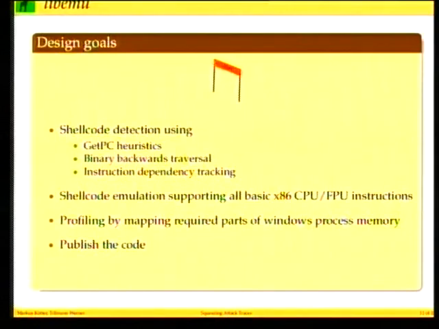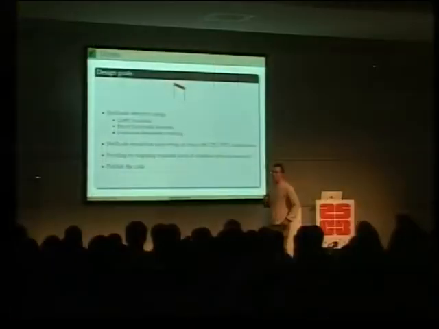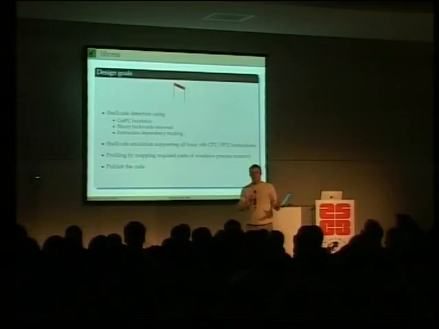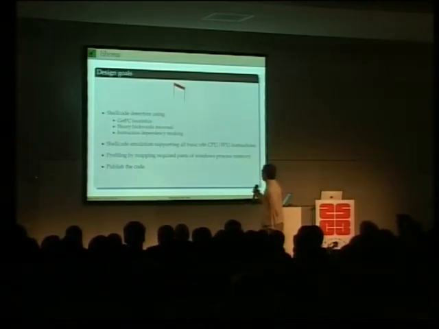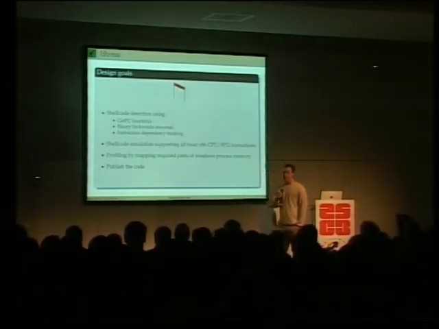We wanted to use the getPC heuristics just mentioned, binary backwards traversal, which I'll explain later, and instruction dependency tracking to detect shellcode. Furthermore, we wanted to allow shellcode emulation. Once we detect it, we might want to execute it and publish the code.